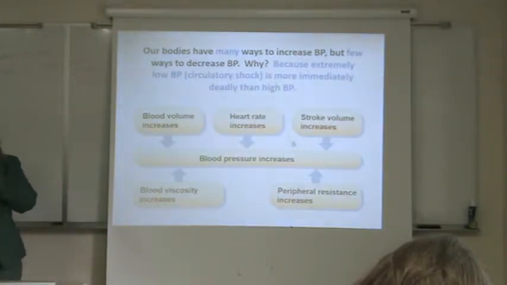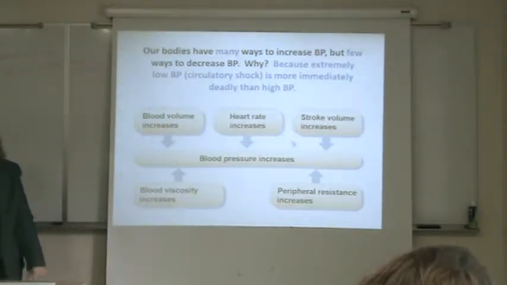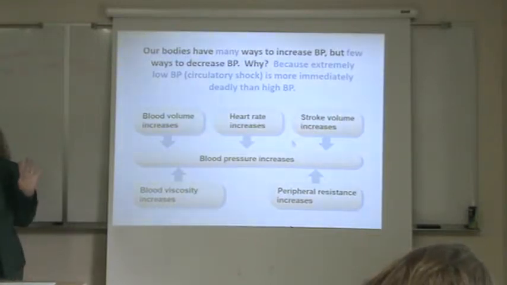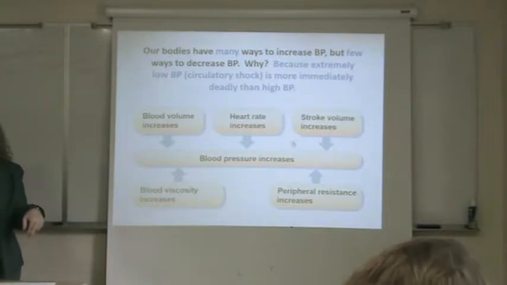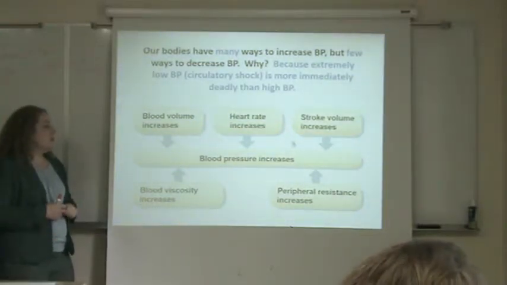So our body has a lot of ways to raise our blood pressure just so that we don't go into circulatory shock. We have a lot of safeguards, like, oh, okay, let's have 4 ways to increase blood pressure. And we don't have that many ways to decrease blood pressure. So that's one reason why hypertension tends to be more common.